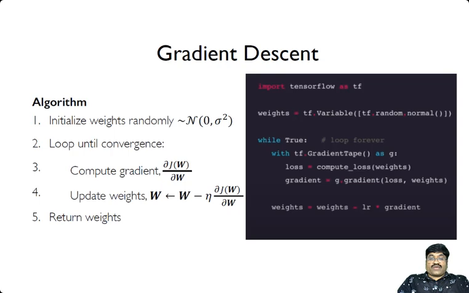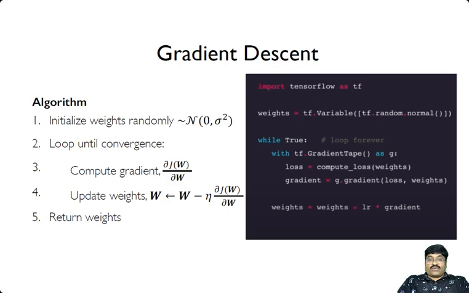Now we can summarize this algorithm, which is known as gradient descent, because you are taking a gradient and you are descending down that landscape. We start by initializing our weights randomly. We compute the gradient dJ/dW with respect to all of our weights.